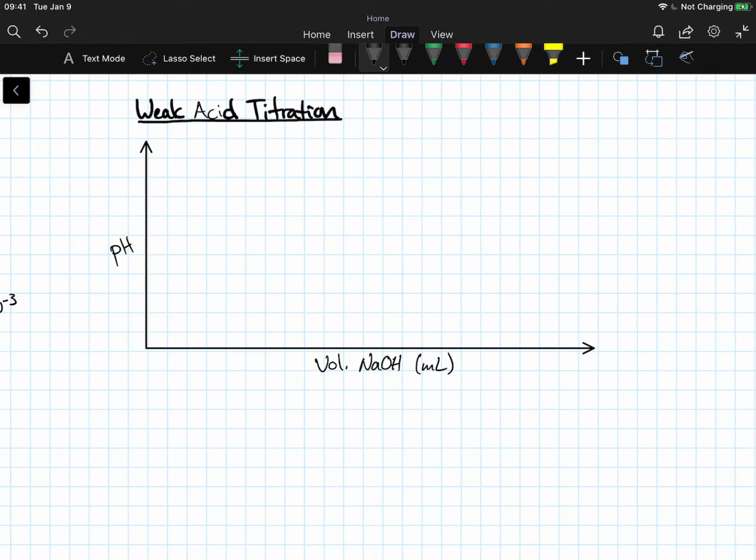You should know that concentration. You should have written that down. I gave that to you during the lab as I standardized it and gave you that value. Let's just quickly put some axes labels here, and again, Excel will do all this for you.